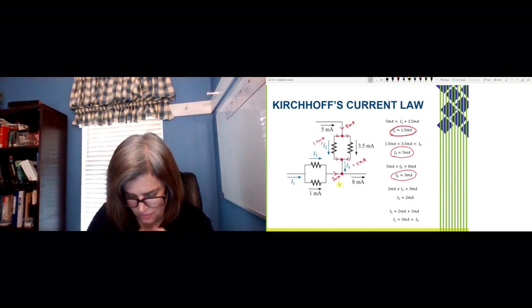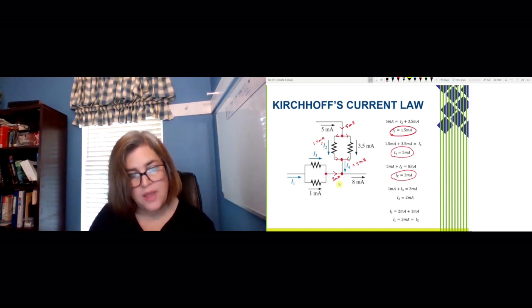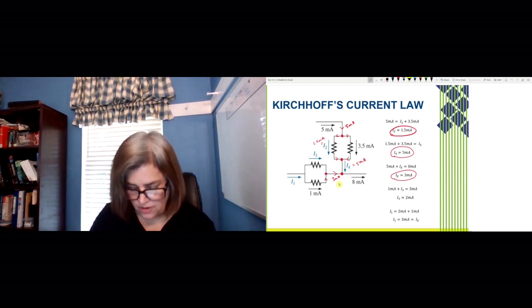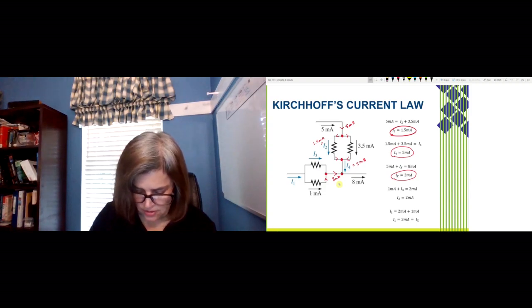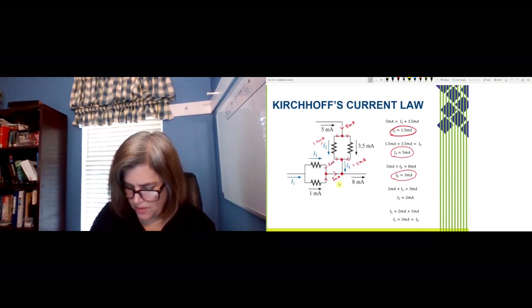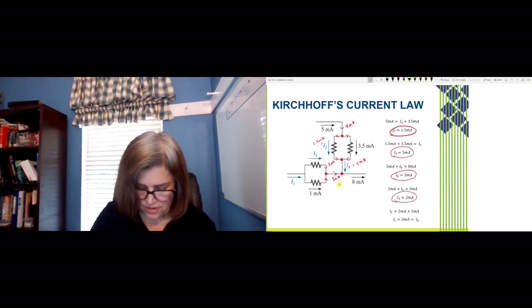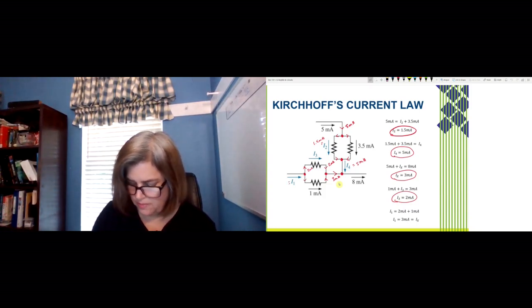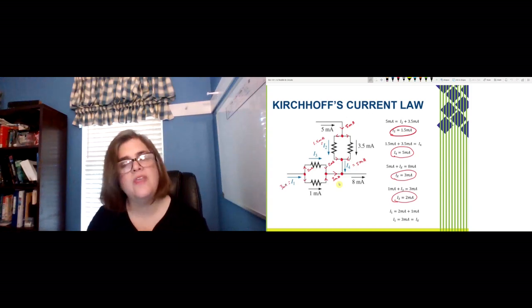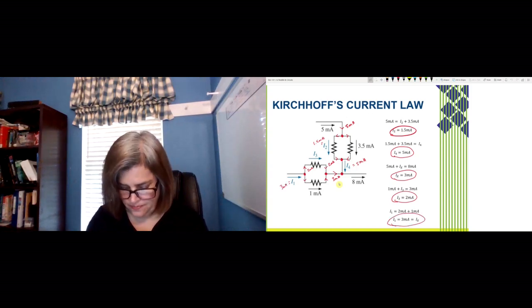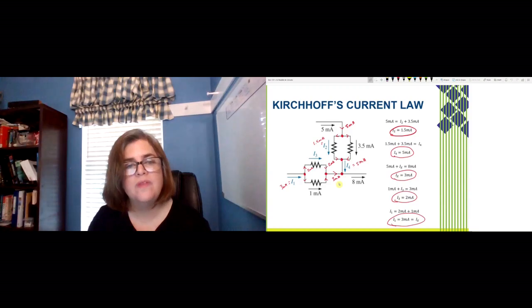So back up a little bit further, if we know that we have 1 milliamp coming in from this direction, we would have to have another 2 milliamps coming in from I3. So what's going on over here? Well, that same 2 milliamps is leaving, the 1 milliamp is leaving, so I1 must be 3 milliamps as well, and that is I sub x.